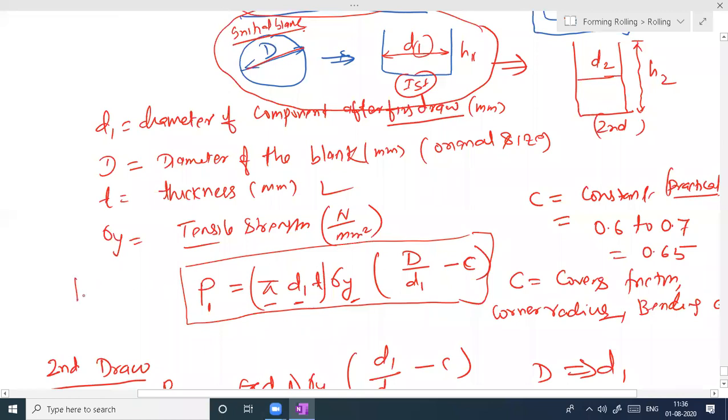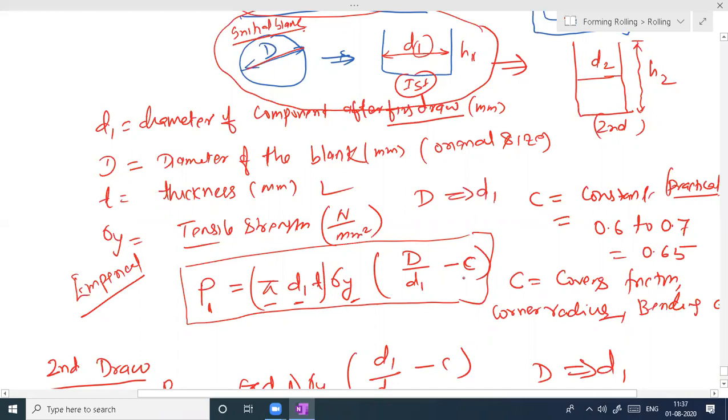So we have an empirical relation for P1, that is the load or pull for the first draw: P1 = pi d1 t sigma y (D/d1 minus C). It is the force required to change D into d1.